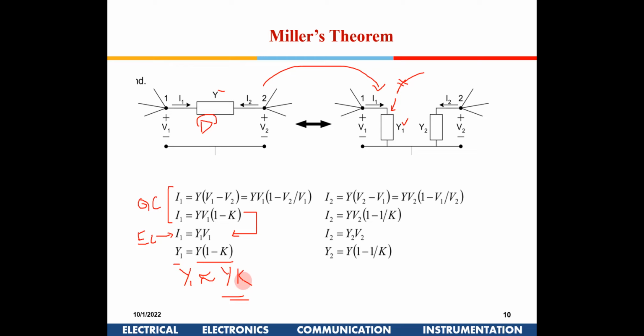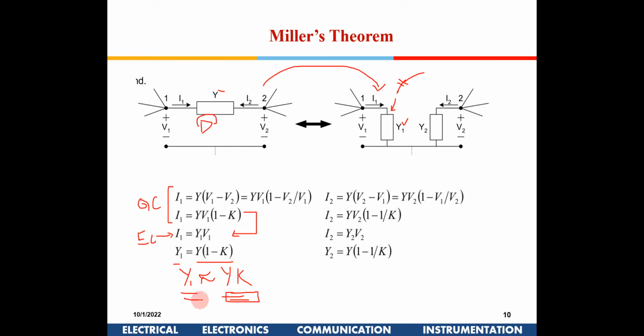This is what we discussed earlier also. We saw the Miller capacitance, right? That gets multiplied by the gain into the input side. So this Y is getting multiplied by a factor K. This is for admittance. Same happens if I write for the impedance also.